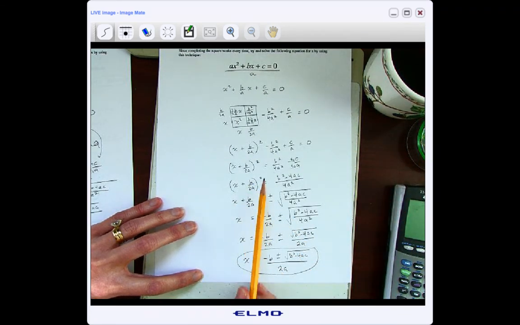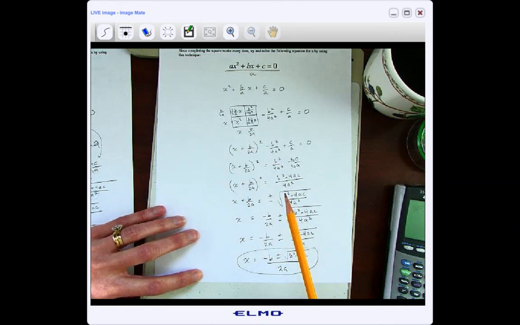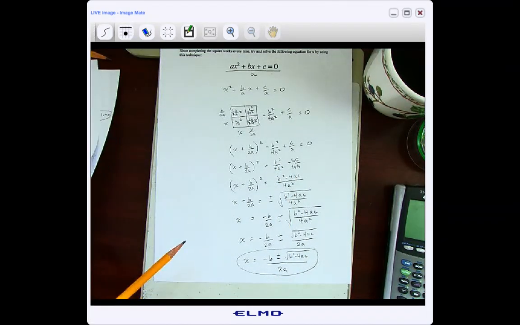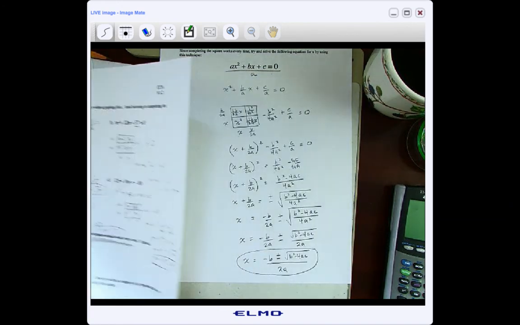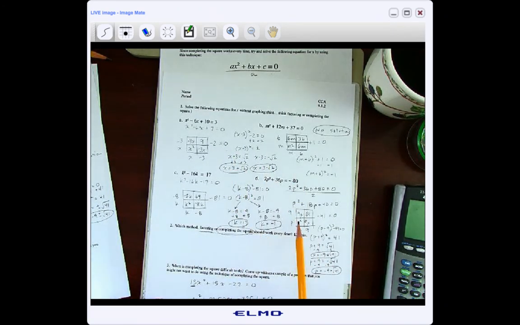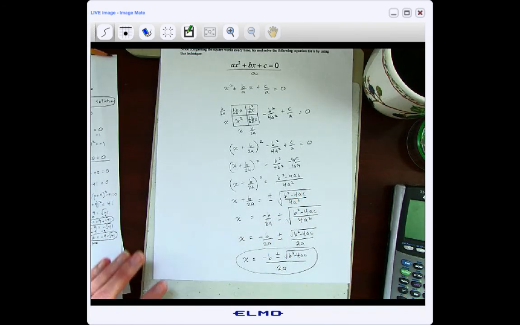I just try and complete the square with ax squared plus bx plus c equaling 0. So it's the same technique that I was using when we solved all of these earlier, but now I just did it in general, showing what would happen every time.